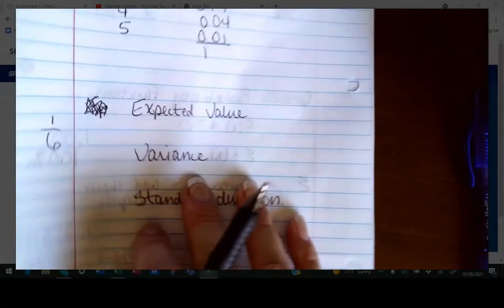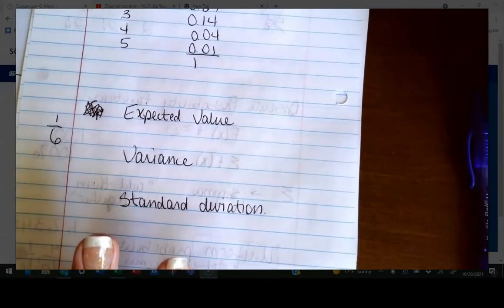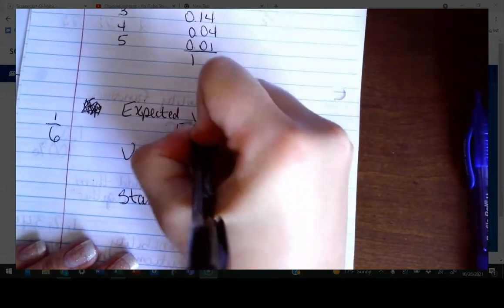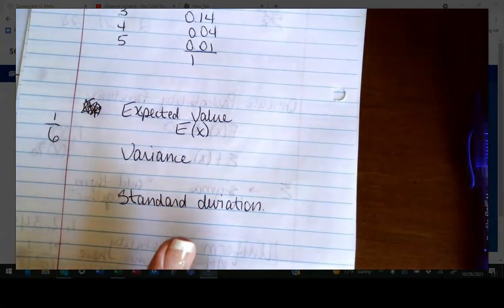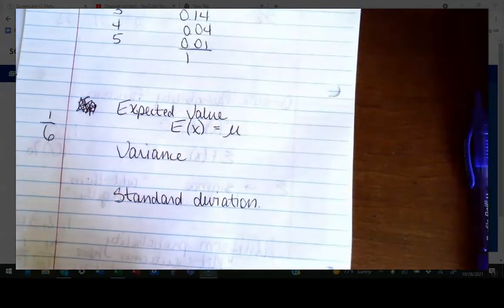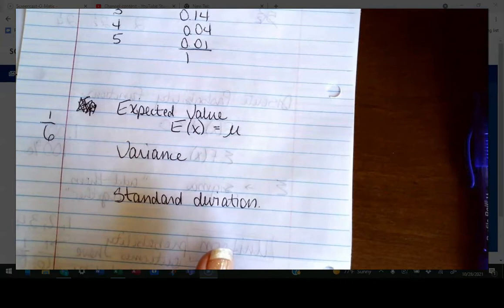When we talk about this, what we are going to use is our formula for expected value. That formula is going to be E of x, which just means it's a function, but I've named it E for expected value. And I'm going to use a Greek letter, mu, to represent this.